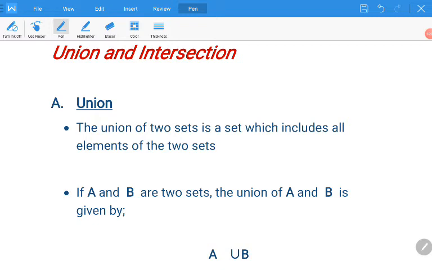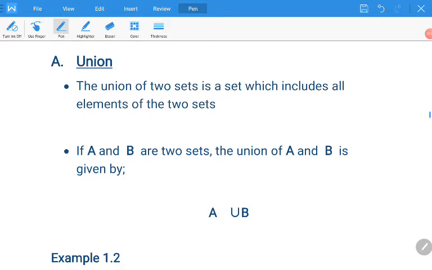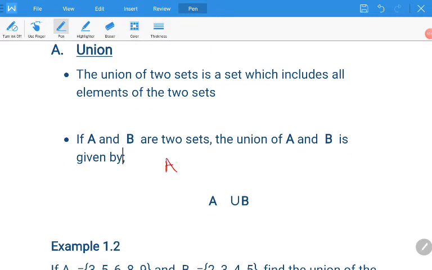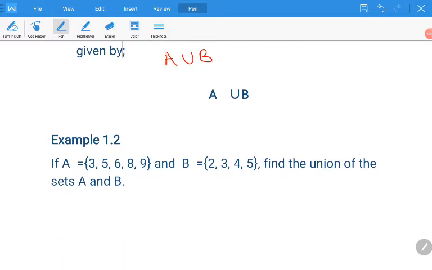If A and B are two sets, the union of A and B is given by A union B. So this one is a combination of the elements which are found in both A and B.